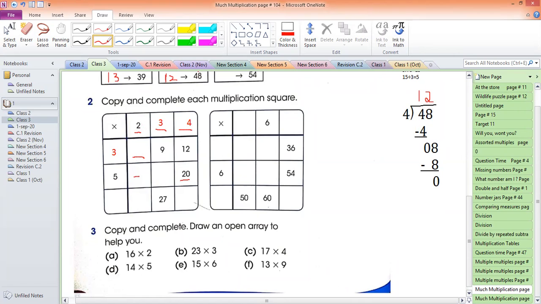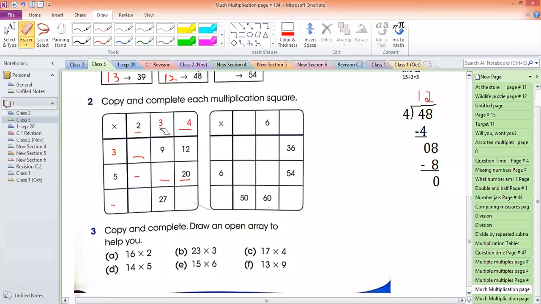If you want to know that number, you multiply this 5 by 2. If you want to know that number, you multiply this 3 by this 3. If you want to know that number, you multiply this 5 by this 3. If you know this number, you multiply it by 2, you will get this answer. If you know this number, you multiply by 3, you will get 27. If you know this number, you multiply by 4, you will get this answer. In that way, you have to do it.